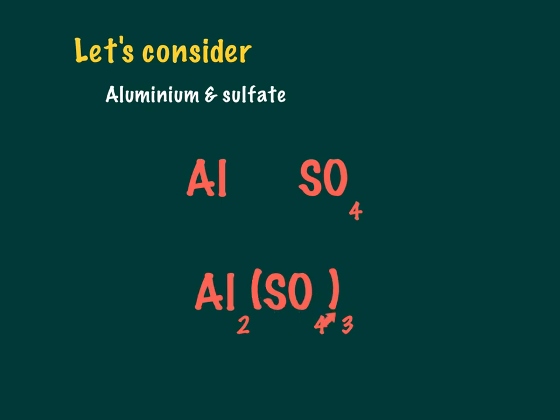So around the brackets, we have the 3 on the outside, which says we've got 3 of what's in the bracket, or sulfates, for every 2 aluminiums. And I hope that makes things nice and clear, and you're able to do more examples of this as we progress through our studies of chemistry.